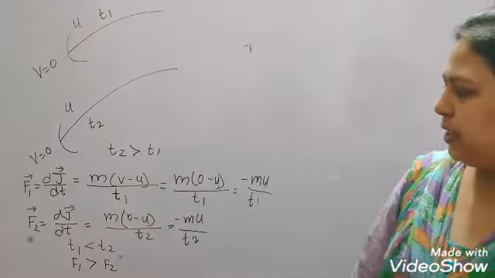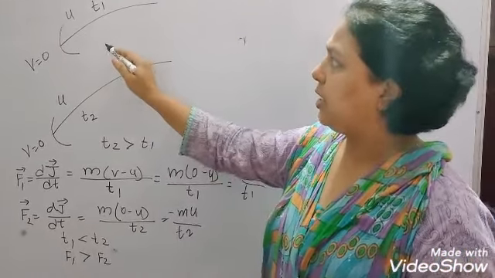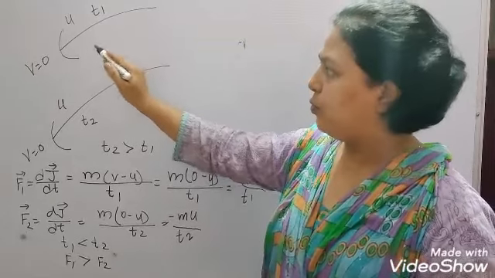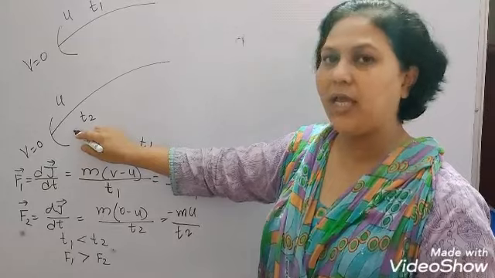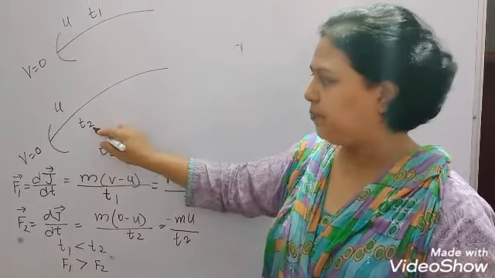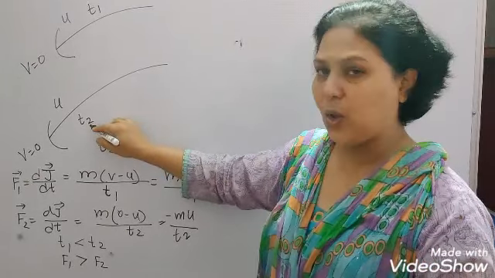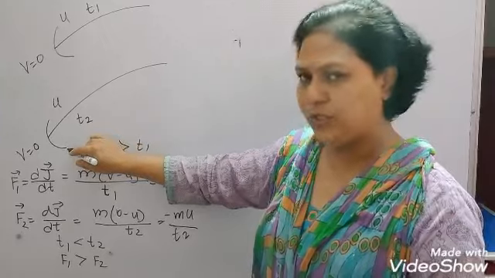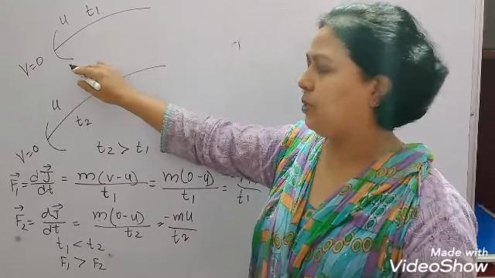That means the cricketer has to apply more force here to stop the ball, and here he has to apply less force. Because the time is longer, as the impulse momentum theorem says, the force is reduced here, and here the time is less, so the force will be more.